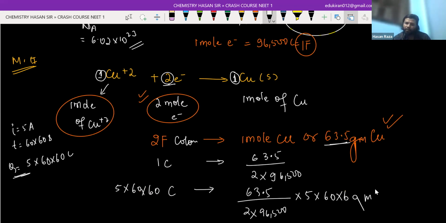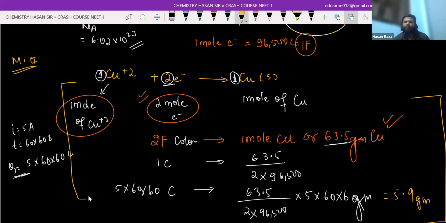If you look in your notes, it is the same equation as when we applied the formula and got the answer. So the answer here will again be 5.9 gram. If you don't remember the formula and only know the concept, you can easily apply this unitary method and you will get your answer. So this is your alternative method. Let me know if you are done with this.